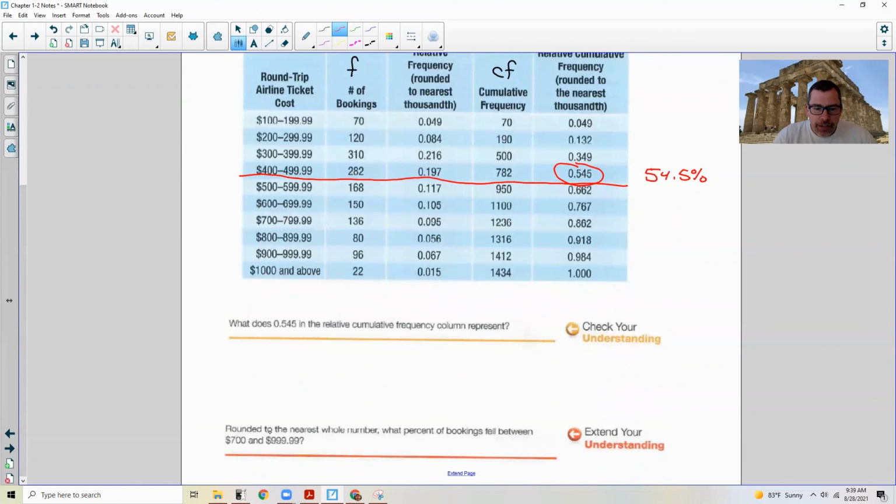Extend your understanding. Round to the nearest whole number. What percent of bookings fell between 700 and 999? So pause the video, see if you can answer this, and then come back. Okay, so here we go. Between 700, so that would be more than 700, but less than 999. So I want this data here.